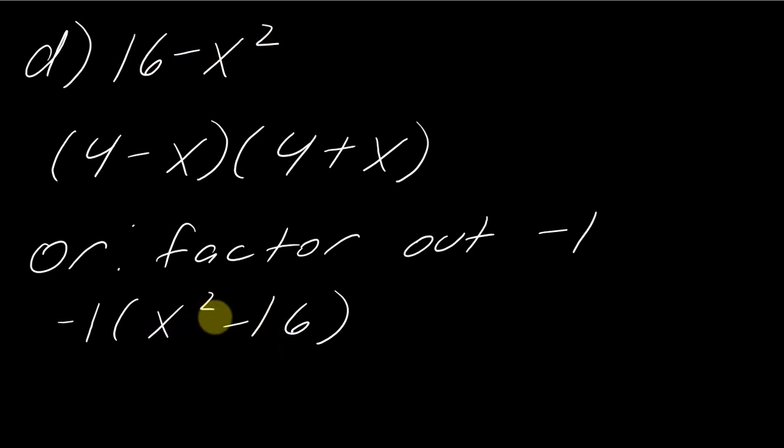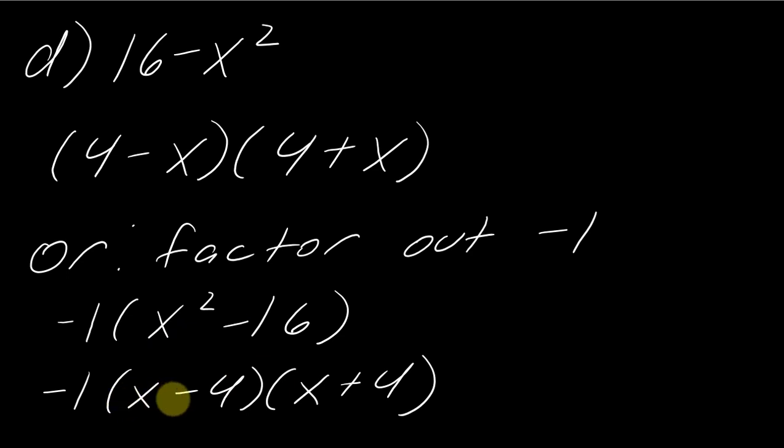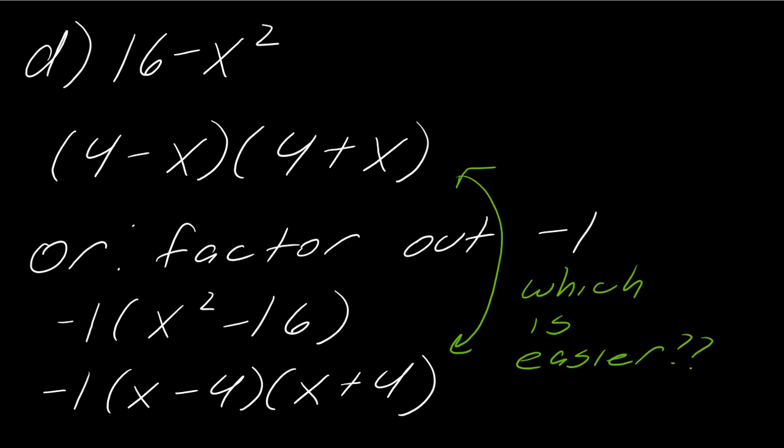So I can basically flip the order and then factor this. Then I'm back to -1 times x minus 4, x plus 4. So these are two different ways to get to the same answer. My question is, which is easier? This is 100% preference, so it doesn't matter which way you want to do it. It's just whichever way makes more sense to you. So that's actually an open question, which is easier.